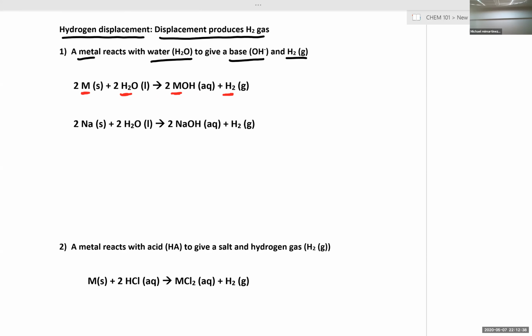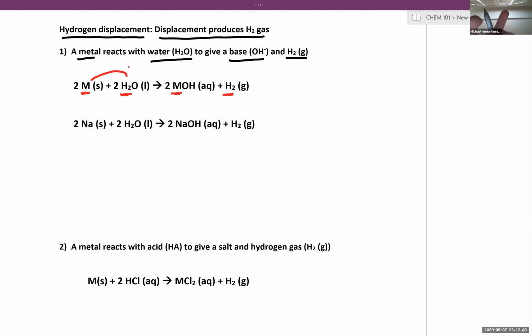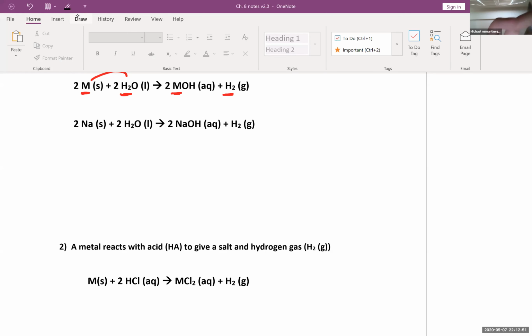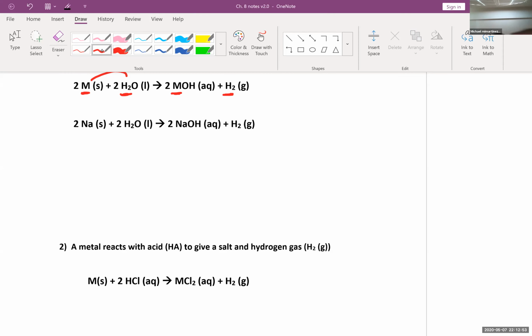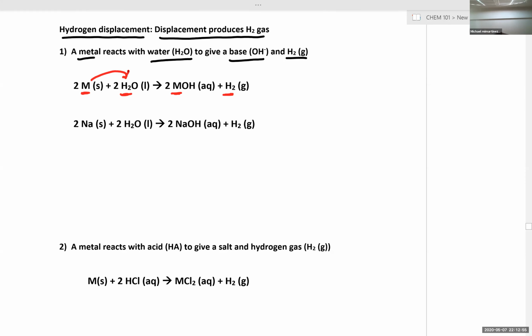Okay, so focusing next on looking at this displacement reaction, we can see that our metal has in effect replaced or displaced one of our hydrogen atoms in the chemical formula.